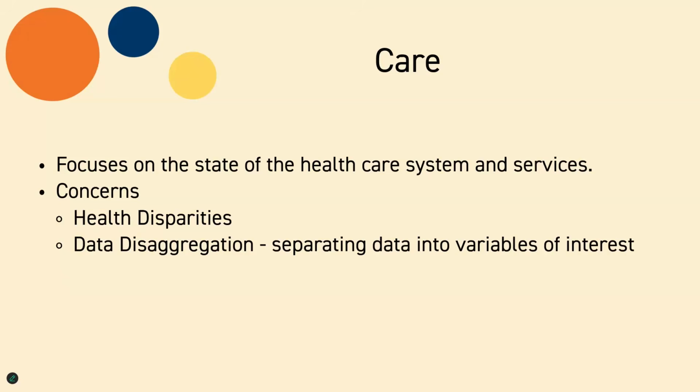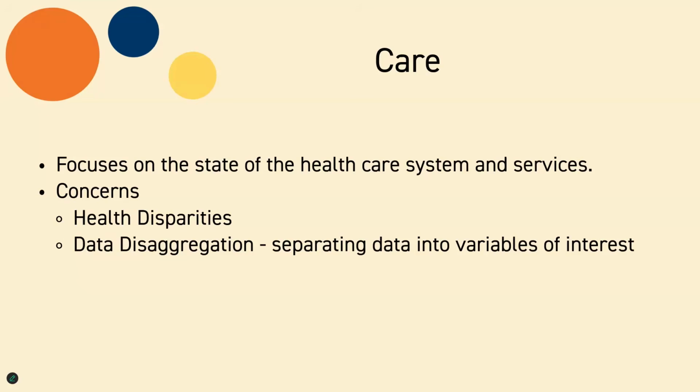There are some concerns when it comes to looking at the care topic. You have a lot of health disparities. These are differences in health outcomes and care that are based on social, economic, or environmental disadvantages. So if a certain population isn't being treated the same as another population, that can affect the overall state of the healthcare system and services.